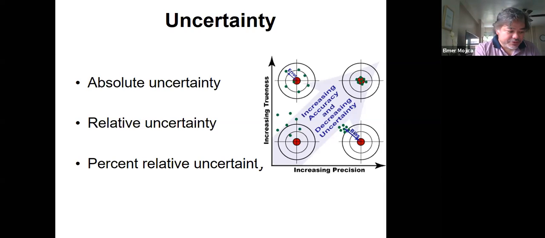So absolute uncertainty expresses the margin of uncertainty associated with the measurement.